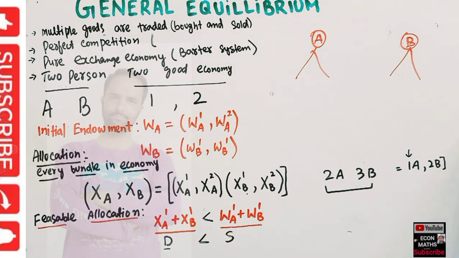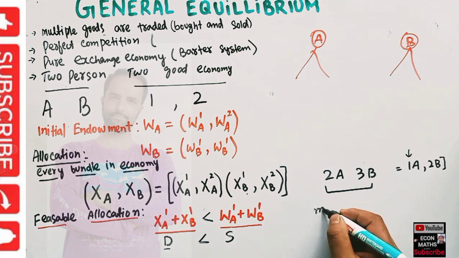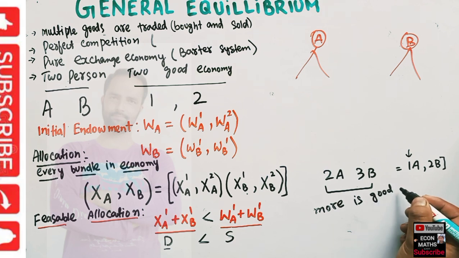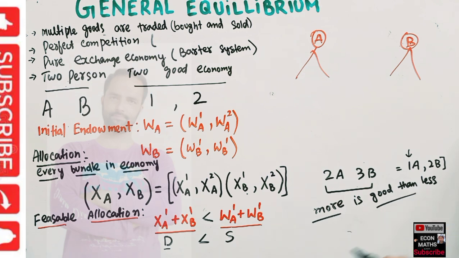But we are also assuming that more is better than less. Having more of the goods is a very nice thing compared to having less. Demand can be less than supply, but this will not make any sense if we are assuming more is preferable to less.